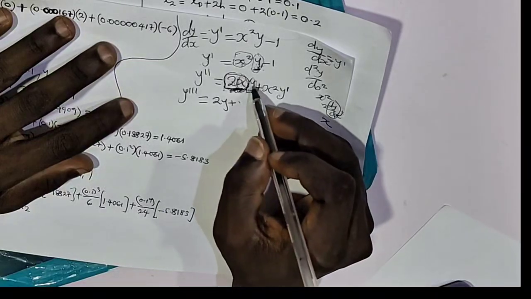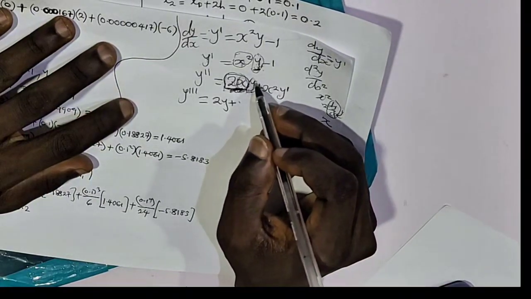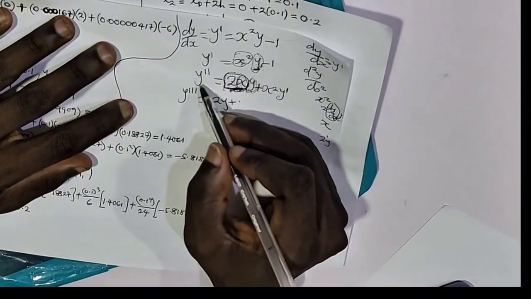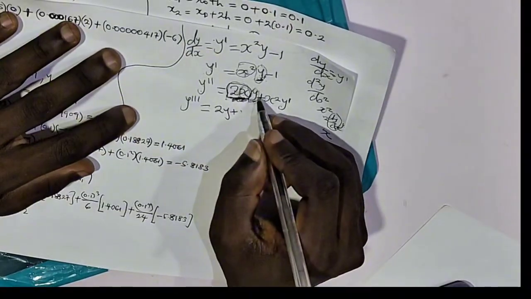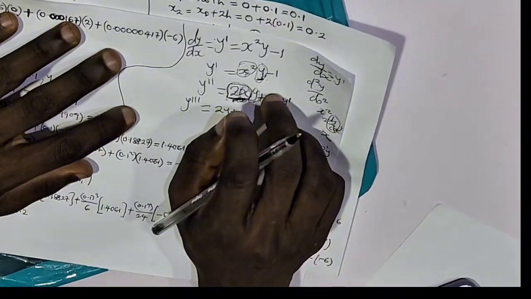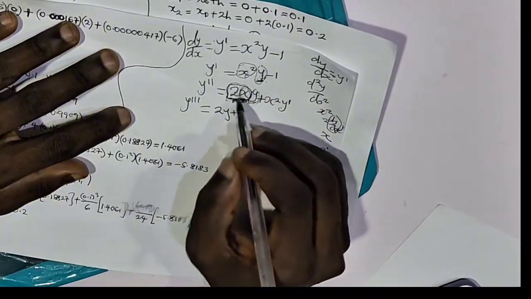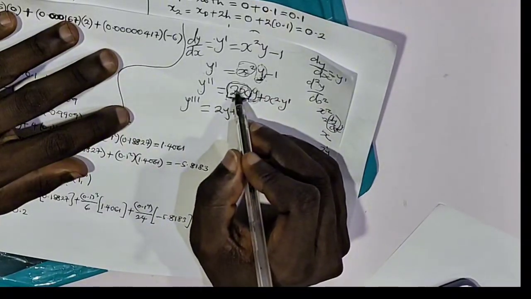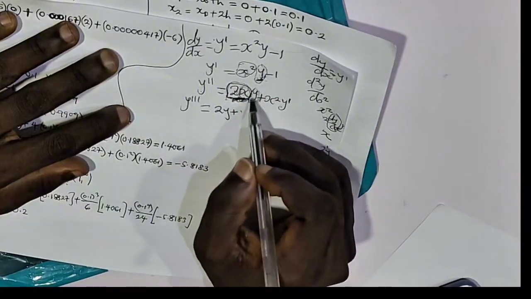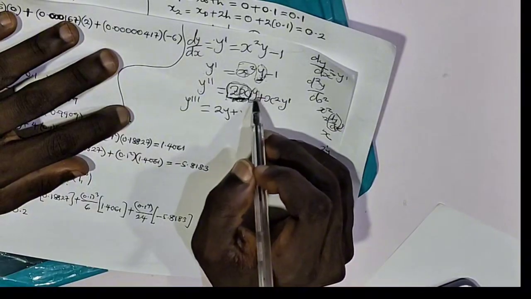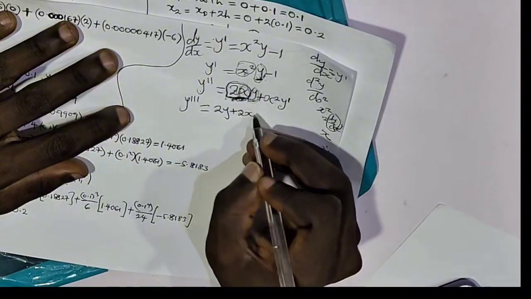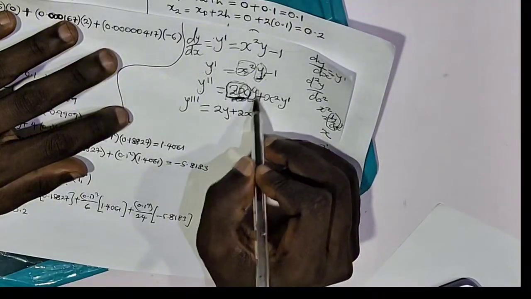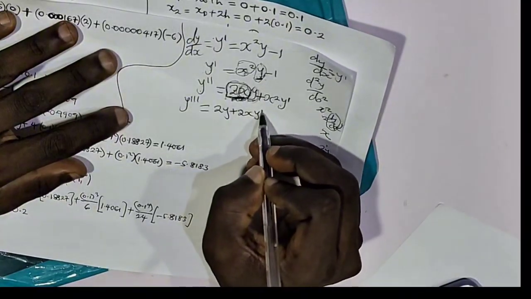If I differentiate y, it will give me 1. But because I'm differentiating y with respect to y, after getting the answer, I must put y prime at the back. What is the constant here? 2x. 2x multiplied by the derivative of y. If I differentiate y, it will give me 1. 1 times 2x will give me 2x. But because I'm differentiating with respect to y, I must put y prime at the back.